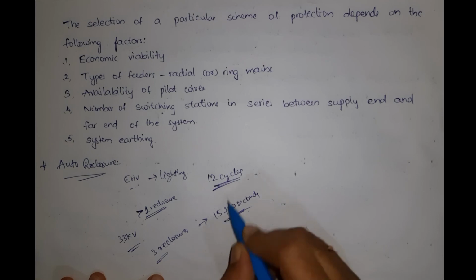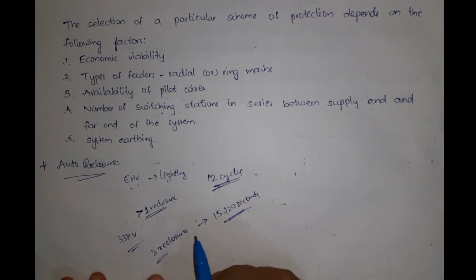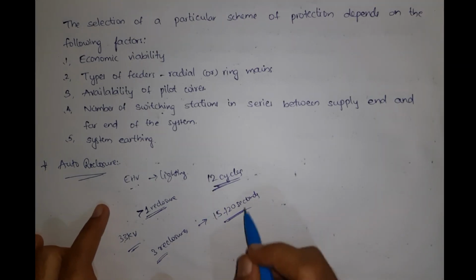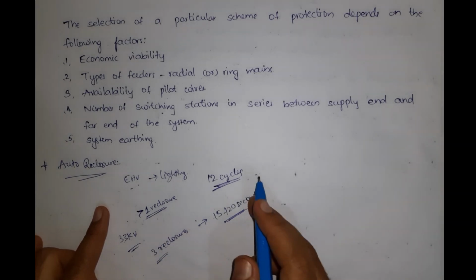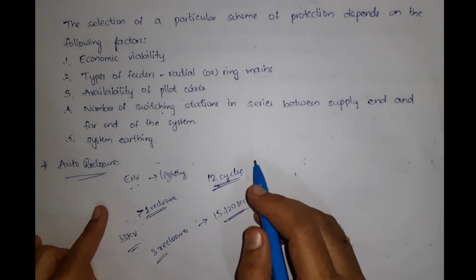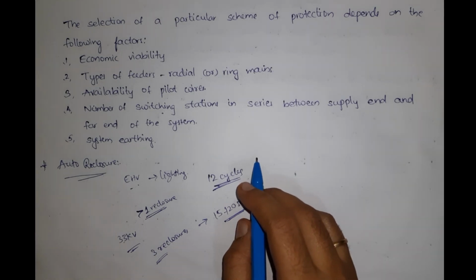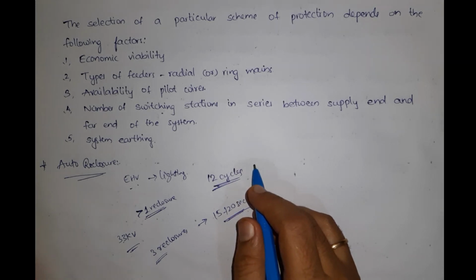So the protective system must be chosen taking care of the auto reclosure time when short or intermittent faults are occurring. So this is about the different types of protection schemes of transmission lines or feeders. Hope you have understood. Thank you.